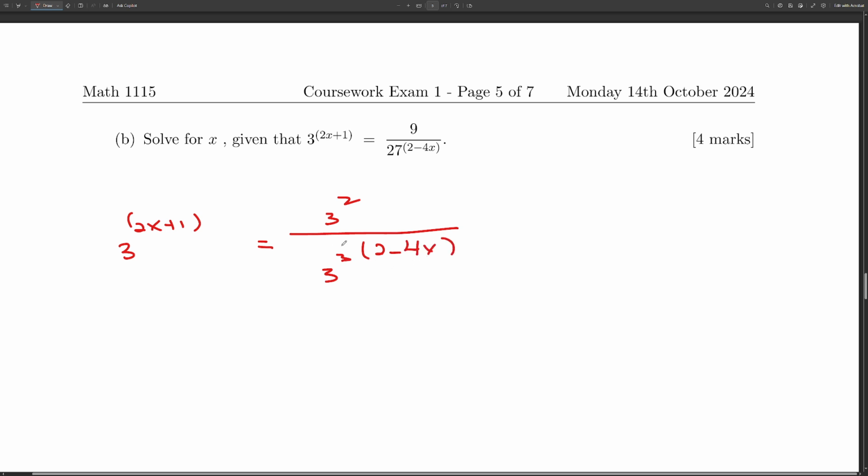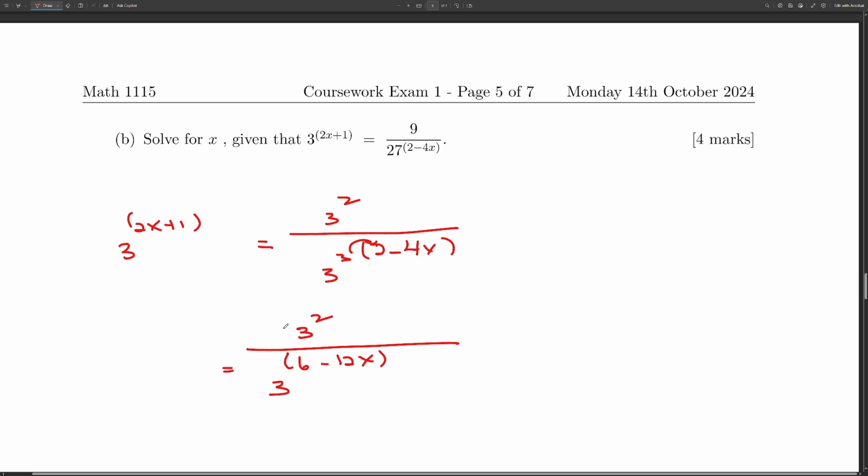Let's expand the brackets first. Take this 3 here and multiply it by this 2 here and this negative 4. I'll just keep this here: 3 squared all over 3 to the power of 3 by 2 is 6, the bracket here, and 3 by 4, that's negative 12x.